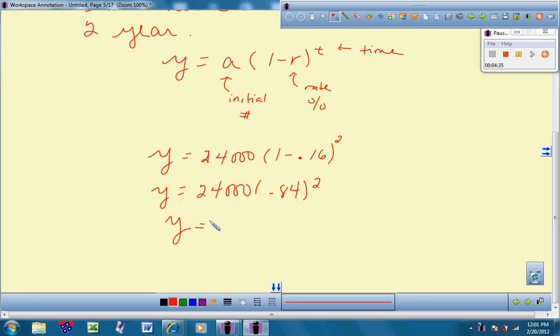So after 2 years, my car will be worth approximately $16,934.40. Okay, again, that is example 4 on page 476, and this is an exponential decay model.